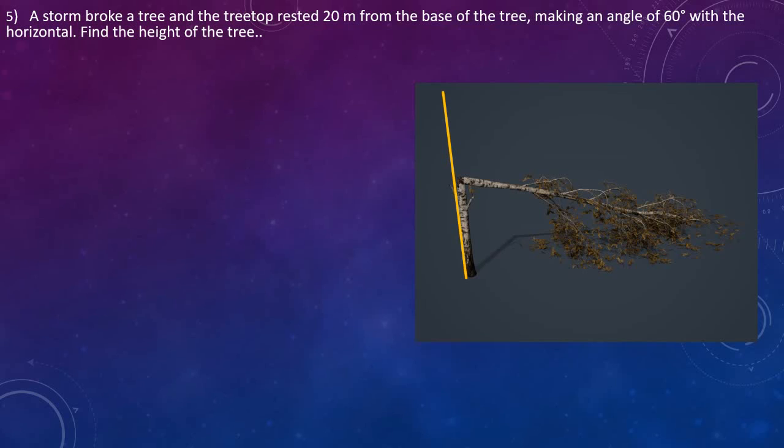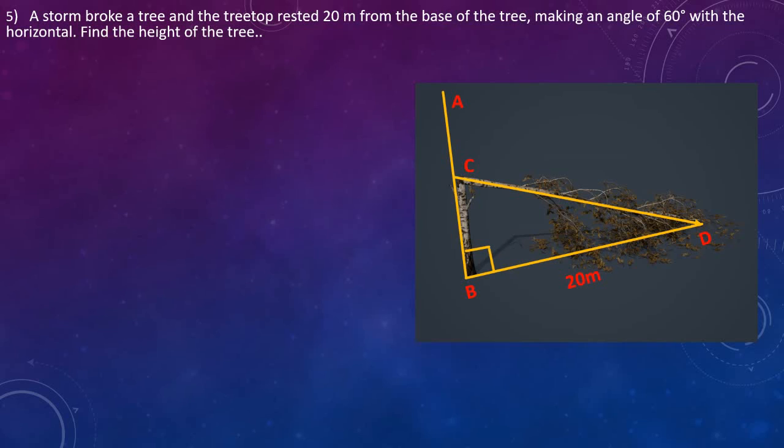First of all, let us formulate this sum in the form of a diagram. So here the tree was standing, let it be AB. It broke at point C and it rested, or touched the ground, at point D. Now the distance of the tree from the base to the top where it touched is given, that is 20 meters.